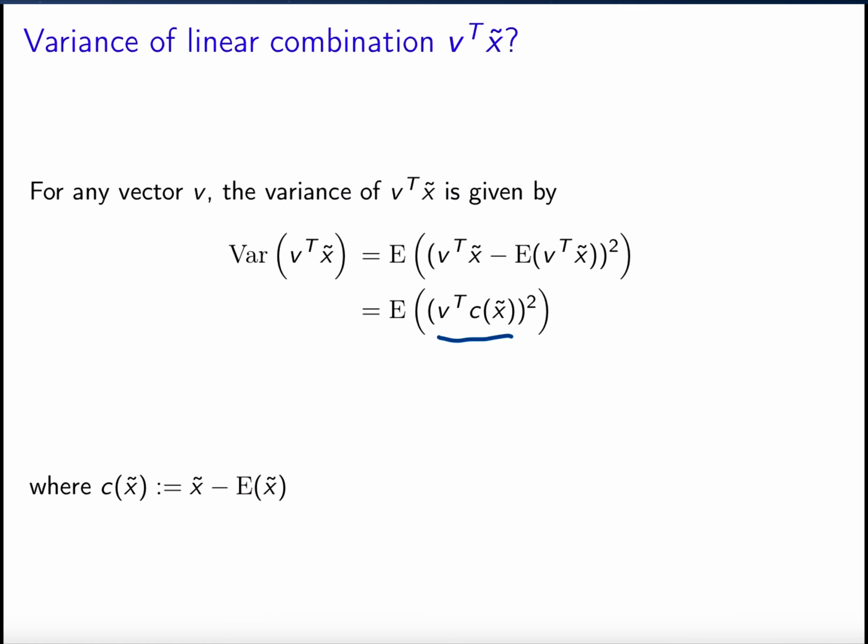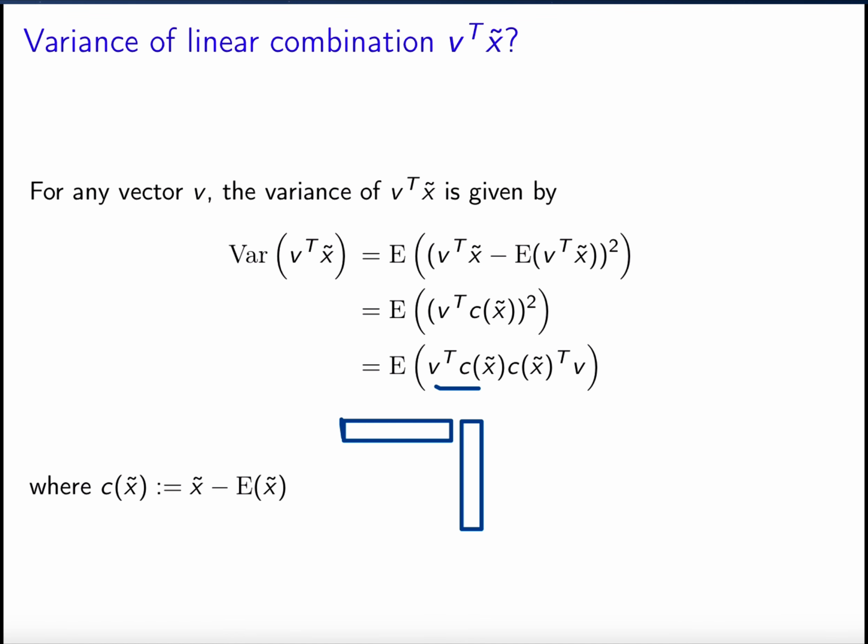And now we're going to split this in this way. So just to be clear, this inner product is equal to v transpose times the centered vector, and now we can choose to write the square of v transpose C of x in this way. Sorry for my deficient drawing skills.